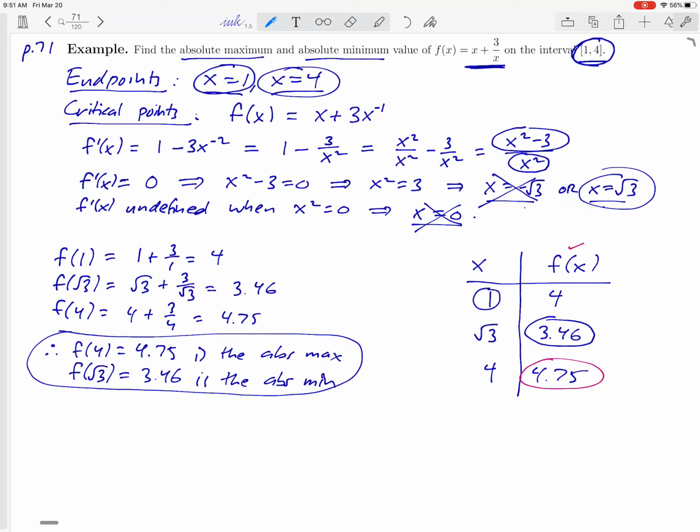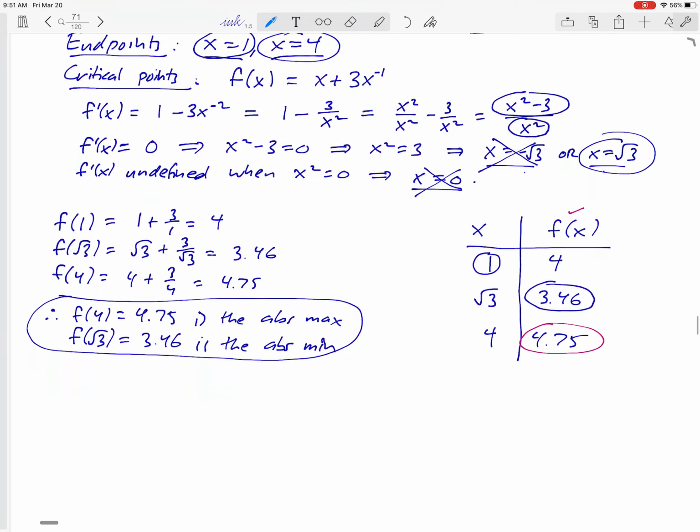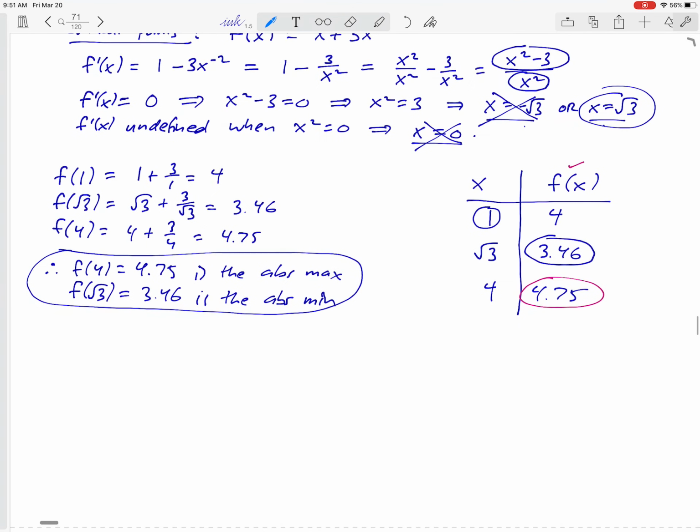Now they didn't ask us to do this, but again, it's instructive sometimes to look at a graph and just sketch the graph of the function and see if it appears that our answers are reasonable. So I'm going to sneak a little graph in here, and you are welcome to do this on your calculator and just confirm what I'm doing here.